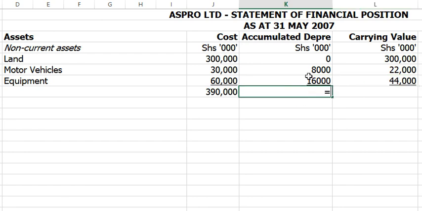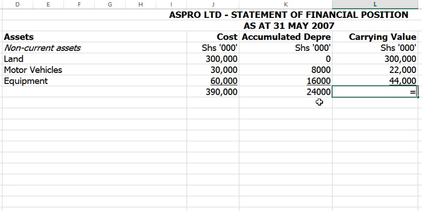Get the totals. Our accumulated depreciation for all the assets, motor vehicles and equipment, that is 24,000. Then get your net book value, which is the cost minus the accumulated depreciation, giving us 366,000. I've told you that the carrying value is the same as the net book value.